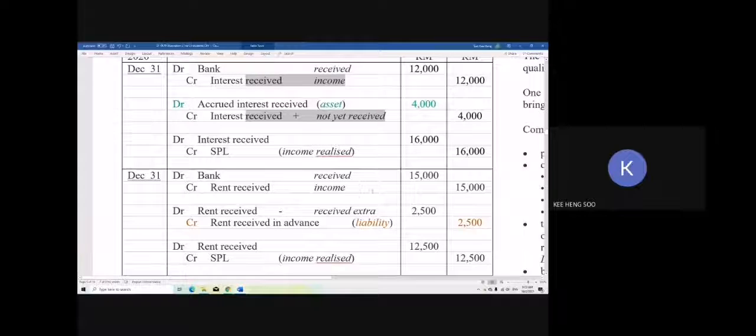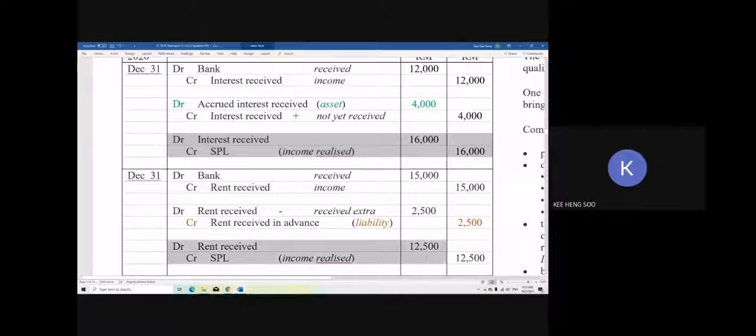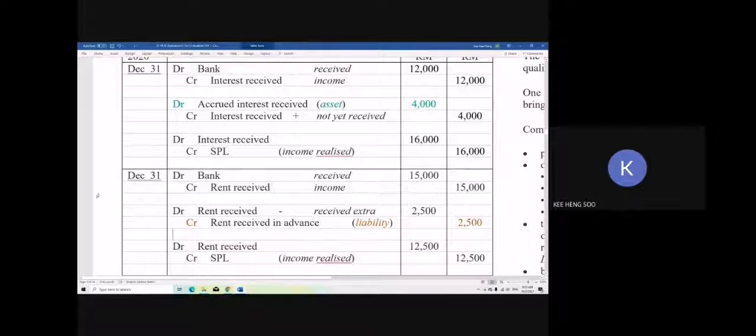And for this rent received, you minus the extra payment, received in advance. Then at the end of the year, this is called year-end adjustment. So this one will be fair: the income realized at the end of the year. So you snap a picture of this. I put different colors to let you see the asset and liability. Clear?